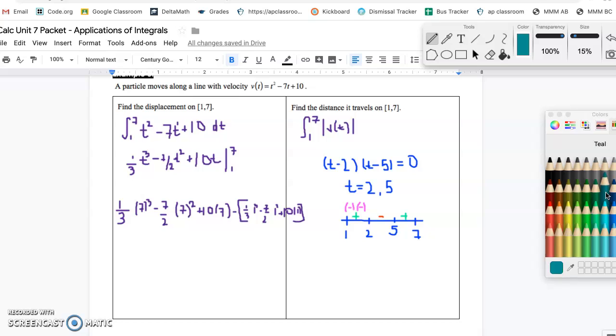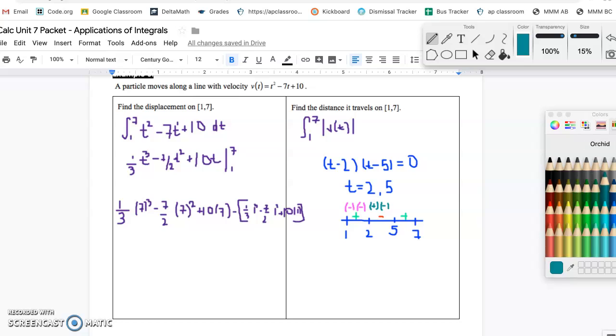For a number between 2 and 5, I'm going to go with 3. 3 minus 2 is positive, 3 minus 5 is negative, and positive times negative is negative.